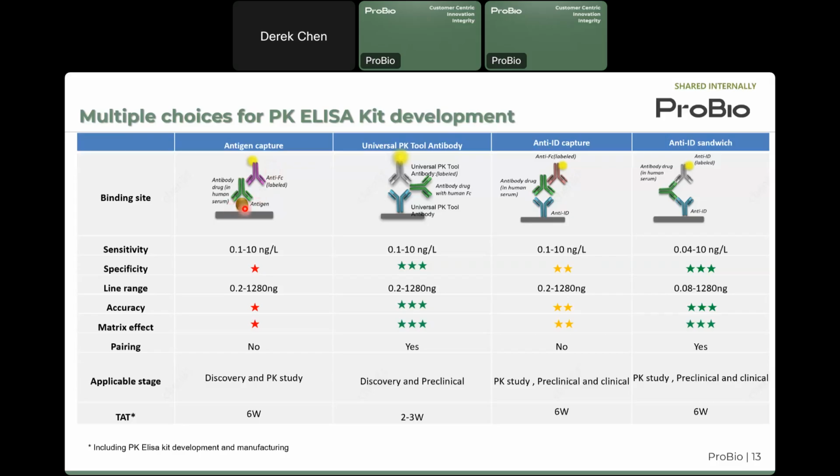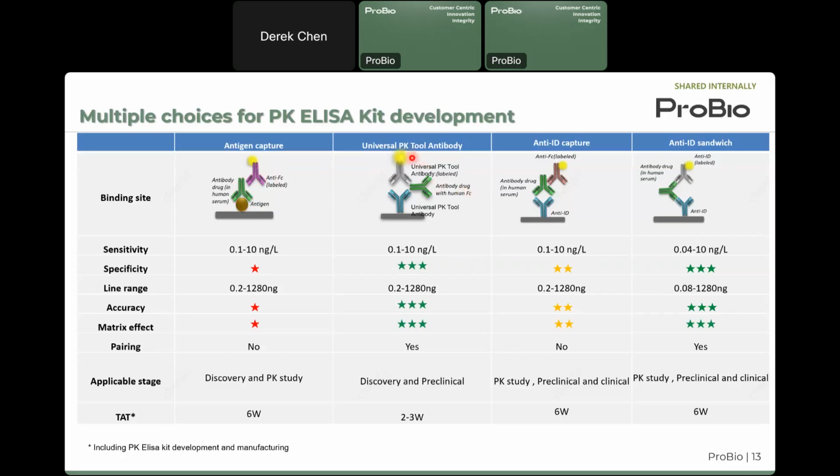The recombinant protein of the drug target is directly coated on the plate to capture the drug in the serum samples, followed by the detection with the commercially available common anti-Fc secondary antibody.